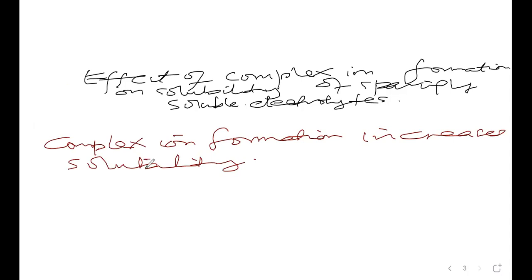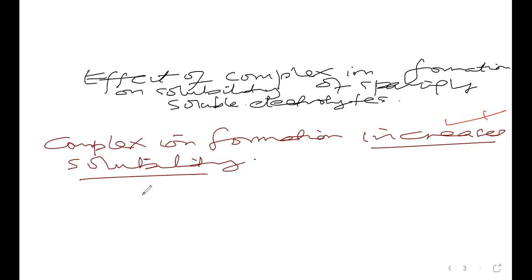So when they ask you the effect of adding an electrolyte that leads to complex ion formation, you simply say solubility increases. Such questions are common: state the effect of adding a salt that leads to formation of a complex ion. There you say solubility increases.